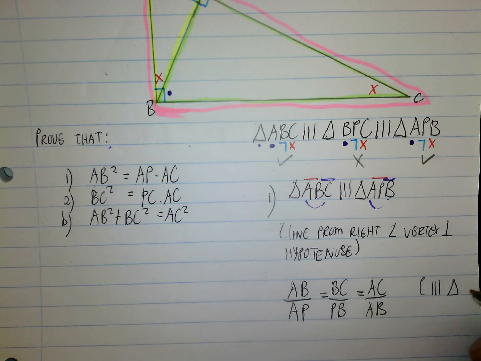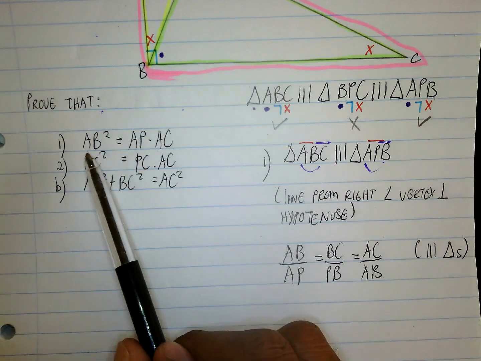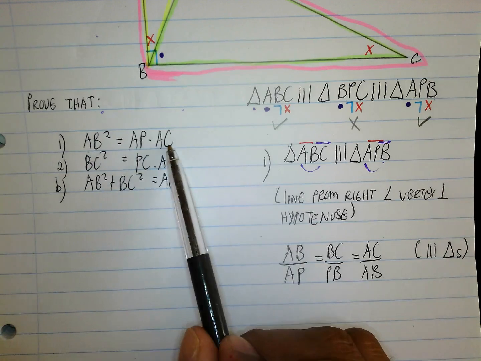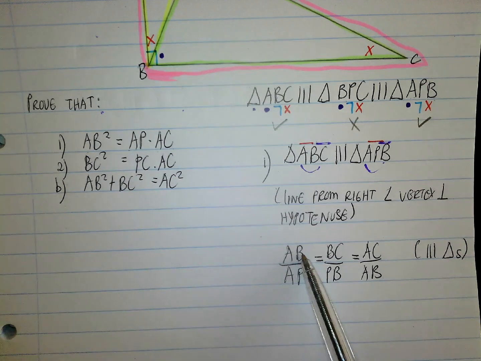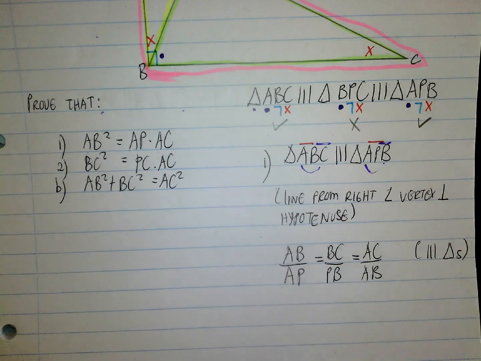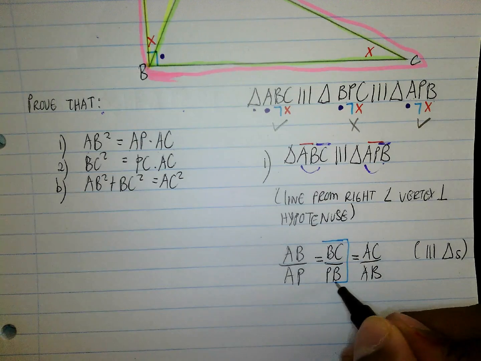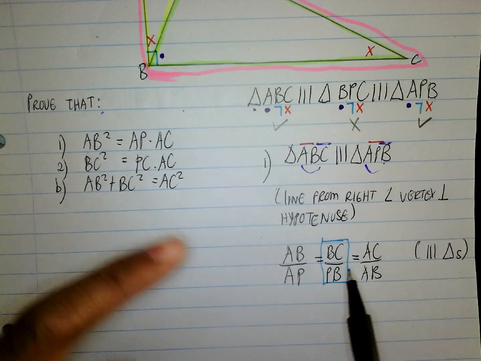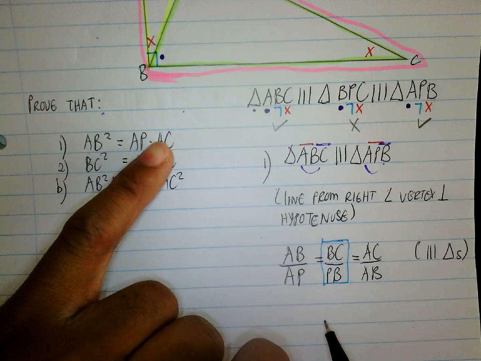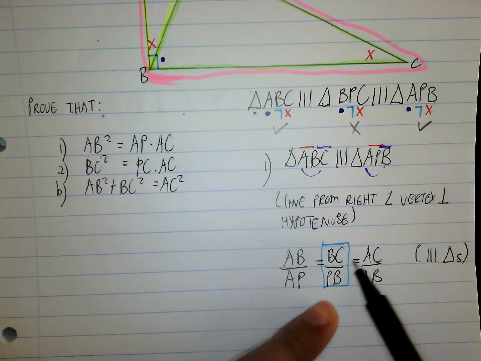But now let's look at the question. We have AB, AP, and AC. AB, AP, then we have AC and AB, meaning that this one is not going to work for us. So that means you're going to exclude this one because we are working with AB, AP, and AC. BC, PB is not part of the given form.